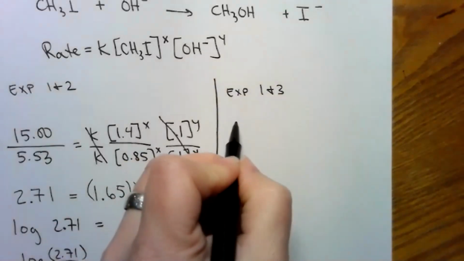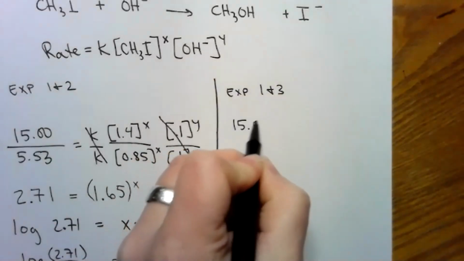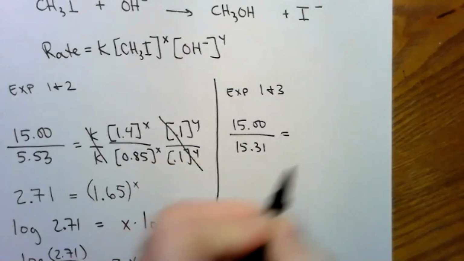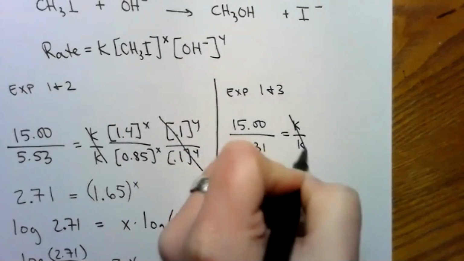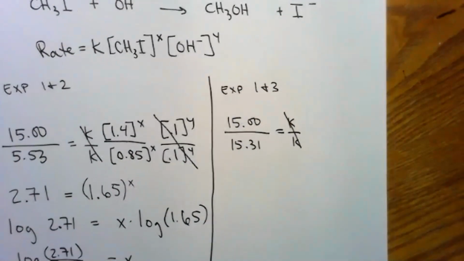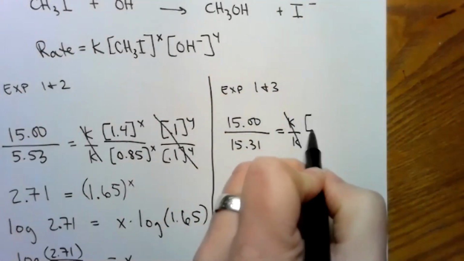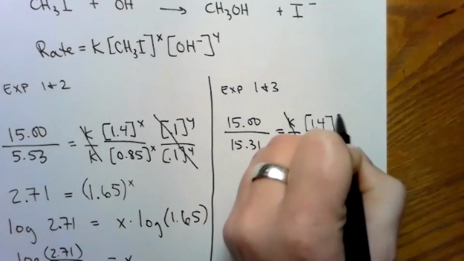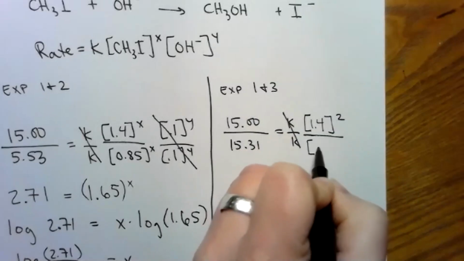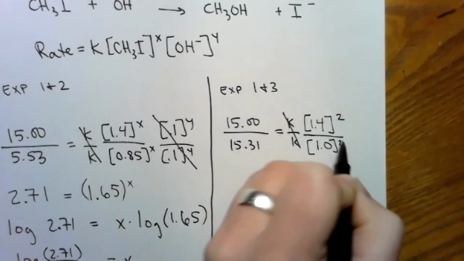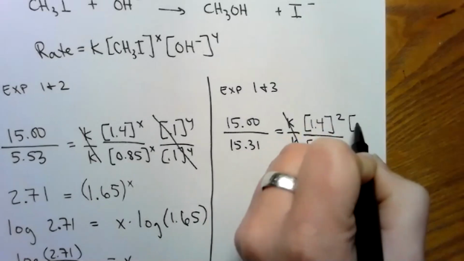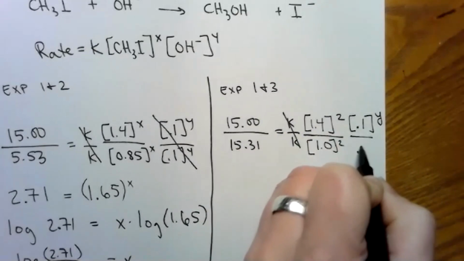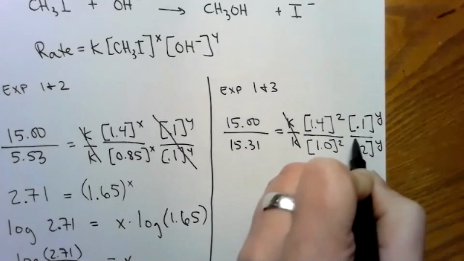So if I do 1 and 3, that's 15 divided by 15.31 equals K over K. I'm putting it there just so that you don't forget that that's part of the deal. And then 1.4 to the 2 divided by 1.0 to the 2 multiplied by 0.1 to the y over 0.2 to the y.